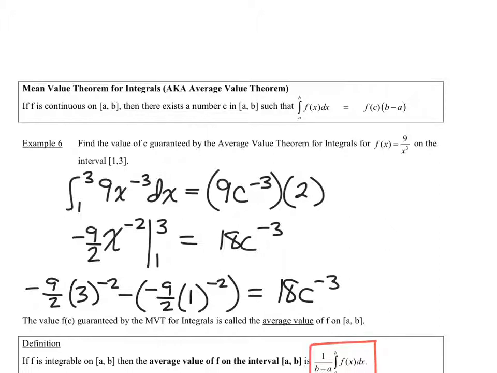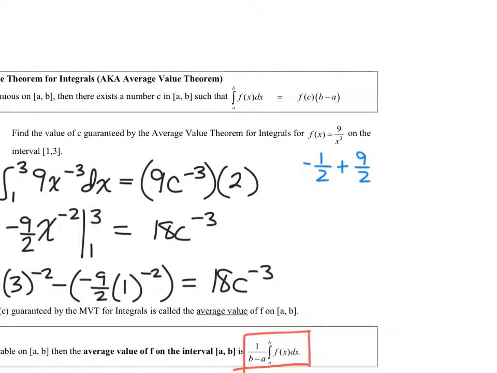Clean it up. Now this amounts to 1/9, so that's going to cancel with the 9 there. So the first part of it's just going to be a negative 1/2. Then we're going to add to that, 2 negatives give a positive, 9/2. Whole thing will be equal to, I'll write it now as 18 over c cubed.